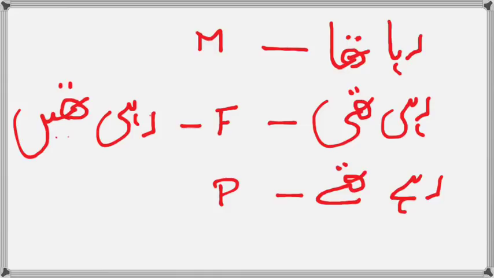So now we will take different verbs and make simple sentences with different pronouns, negative sentences and interrogative sentences. Let's say we have got the verb to eat.